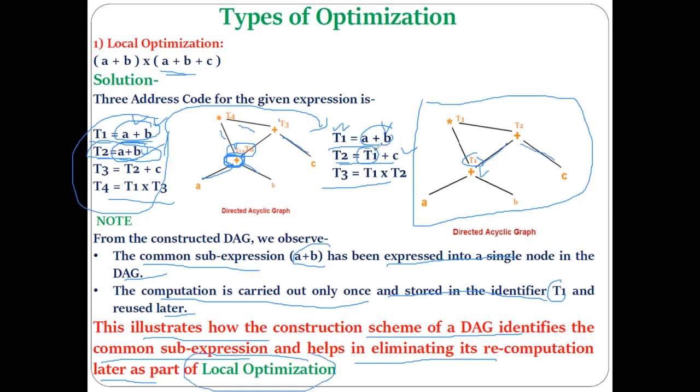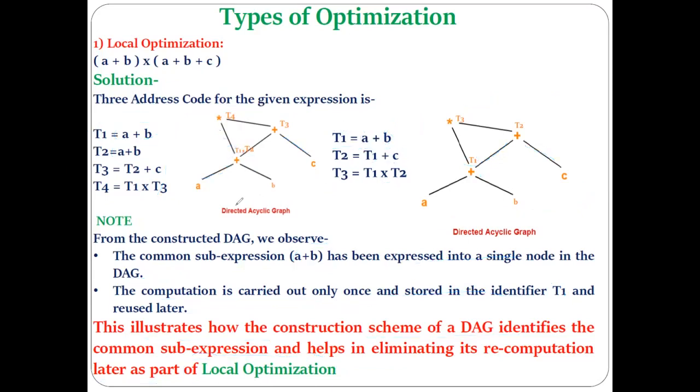So there is no need to recompute A plus B, because the A plus B result is already stored here in T1. In this way you can easily see how a DAG helps us detect the common sub expression, as you can see in this example.